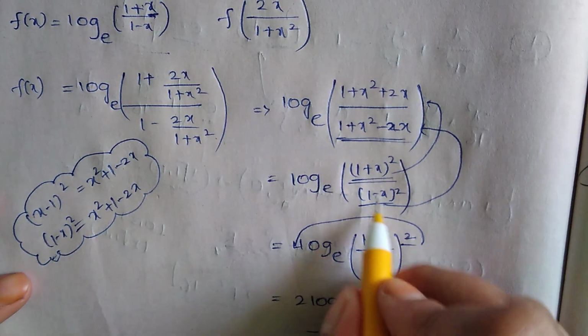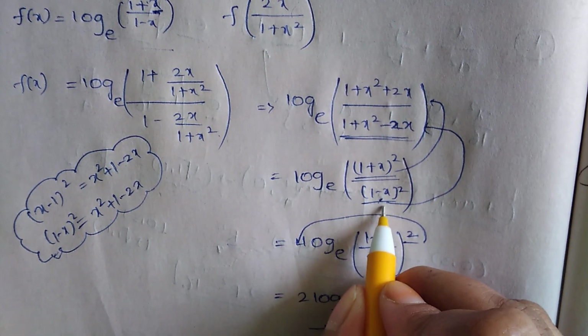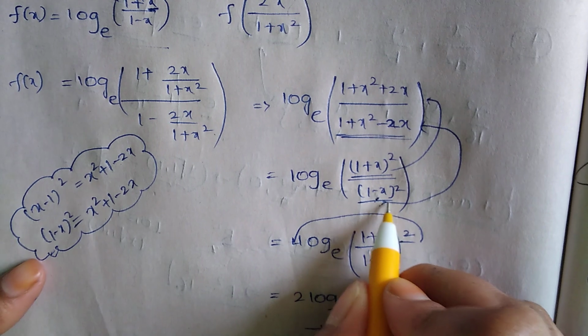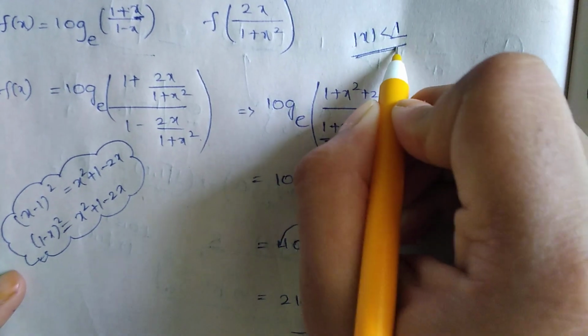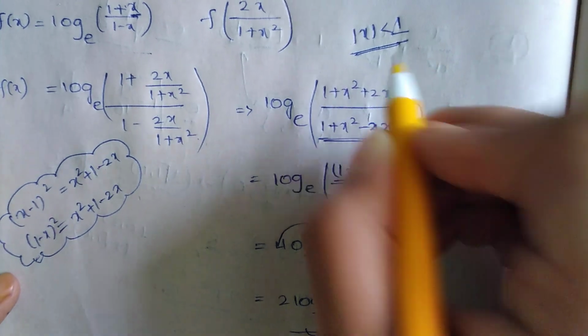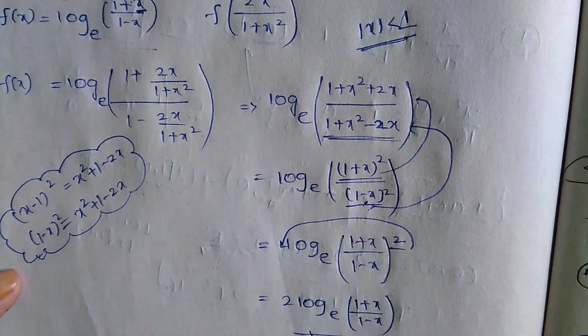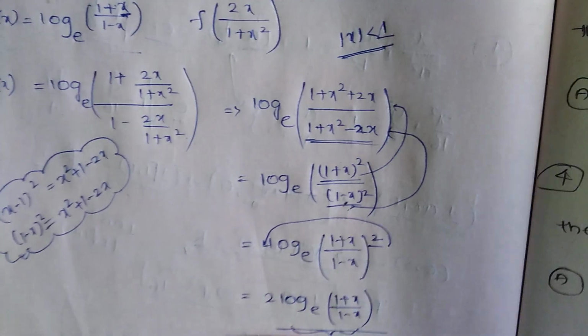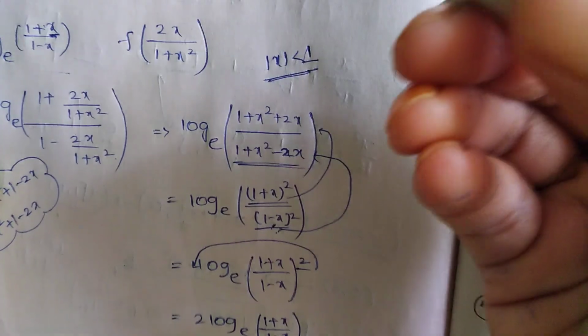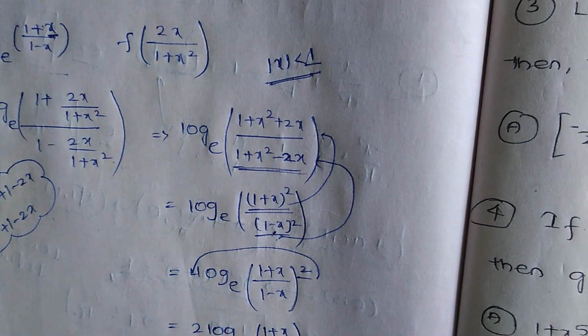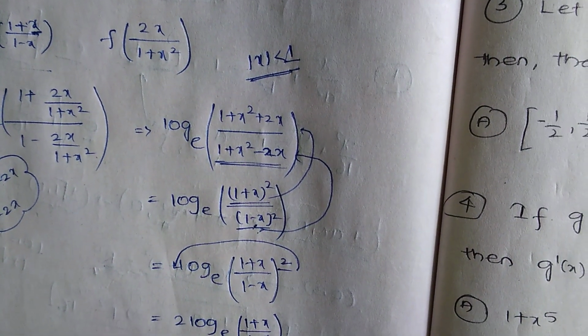I took 1 minus x only by the condition given in the question, mod x is less than 1. You must remember all the information given in the question properly while solving the question. That is the logic here.